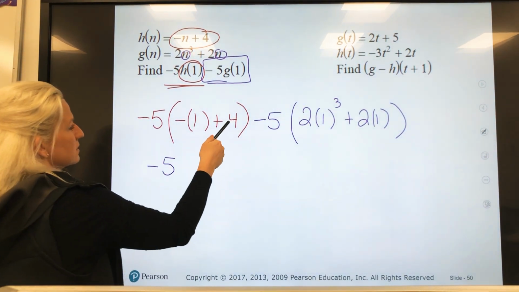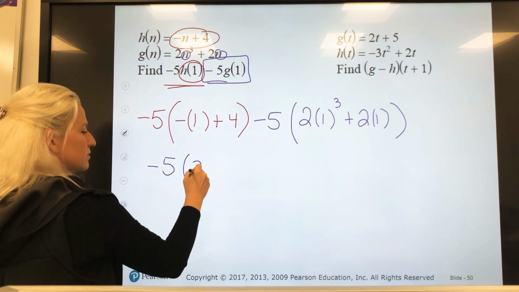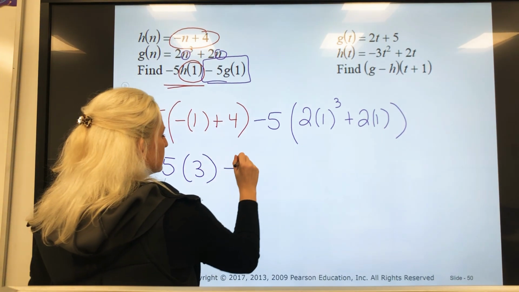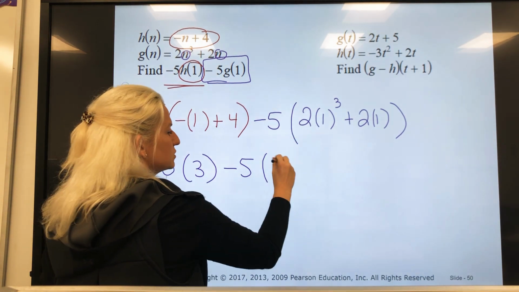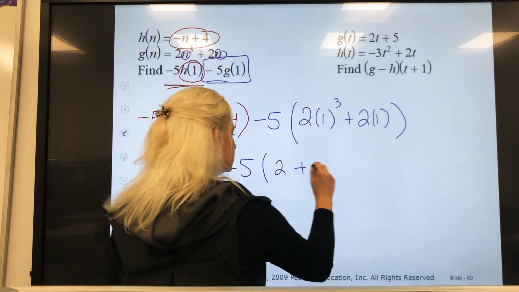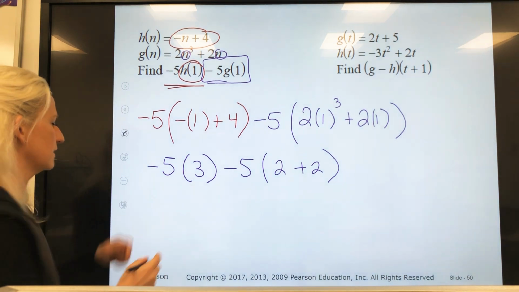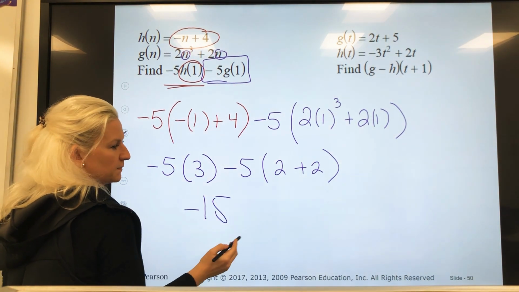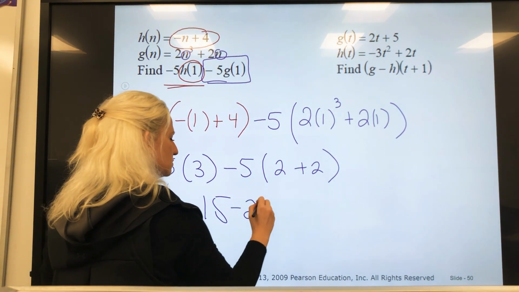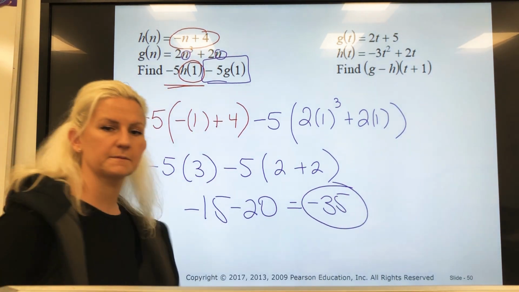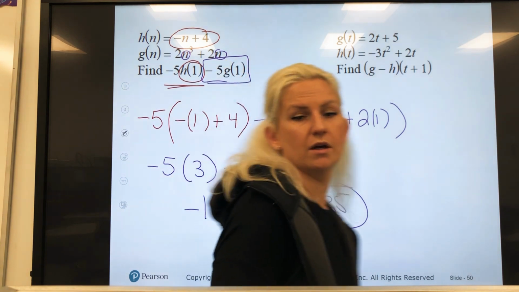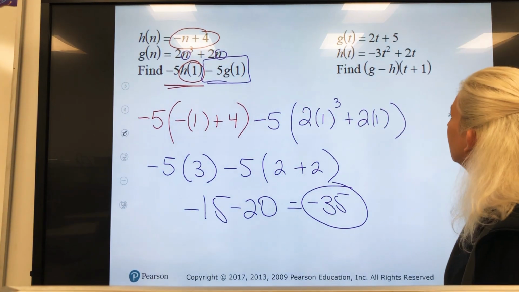Negative 5, this is 4 minus 1 is times 3, right? Minus 5 times, this is 1 cubed is 1 times 2 is 2, plus 2, which is 4 in there. So you got negative 5 times 3, that's negative 15. Negative 5 times 4 is negative 20, so it's going to be negative 35.